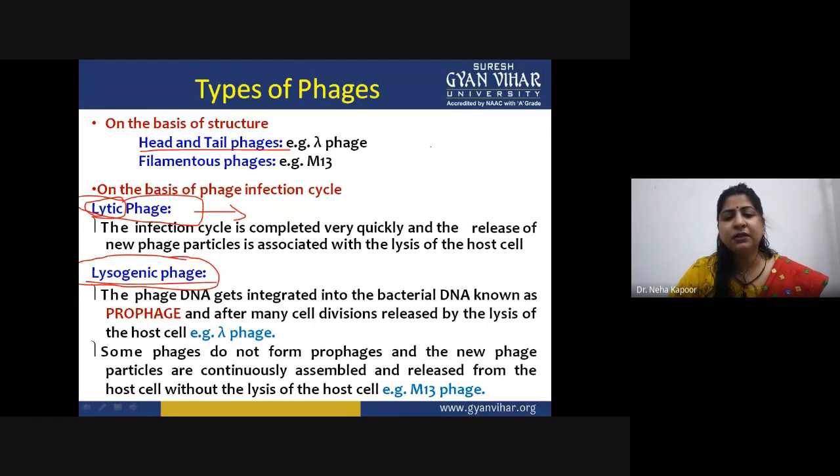Suppose this is the bacterial genome, a complete bacteria, and here was the phage. It injected its DNA, and this DNA is integrated over here inside the host genome. Then this integrated part is known as the prophage.